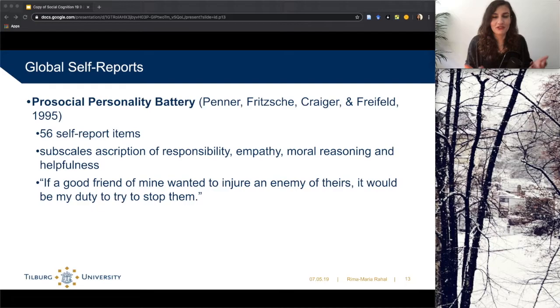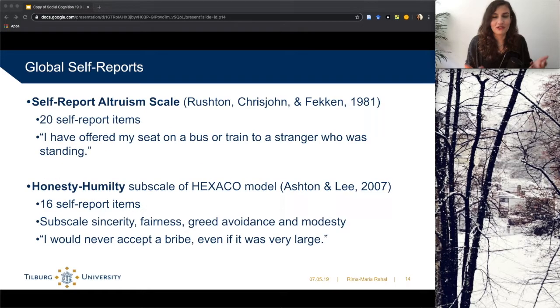Okay. And for more examples, we can also consider the self-report altruism scale that has 20 items. And an example would be, I have offered my seat on a bus or train to a stranger who was standing. It's a pretty straightforward behavior. We also have the honesty-humility subscale of the HEXACO model.